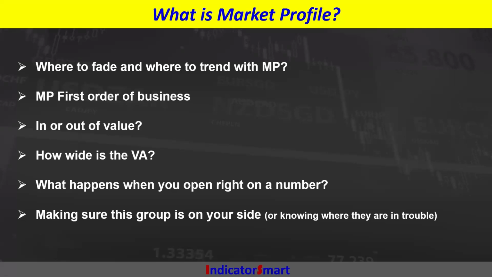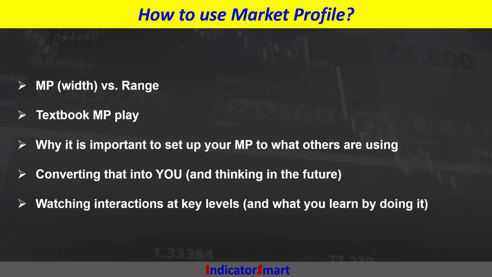So anytime you open right on a value number, be careful. You've got to get some more information before you jump on the bandwagon. You don't want to get on the wrong side of a random bunch of traders. You want to make sure this group is on your side, and know when they're in trouble. Hopefully that's helpful for you.